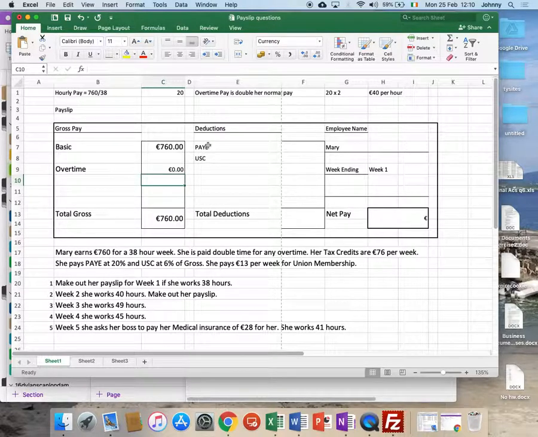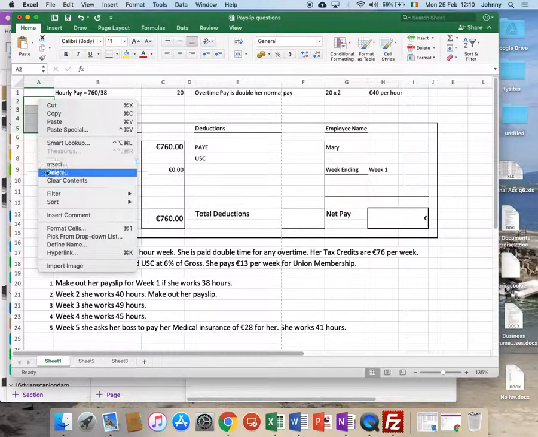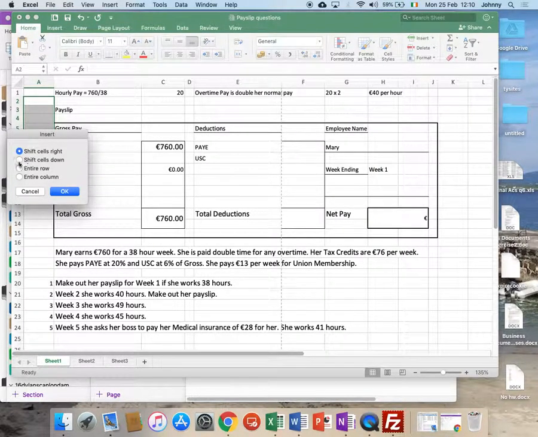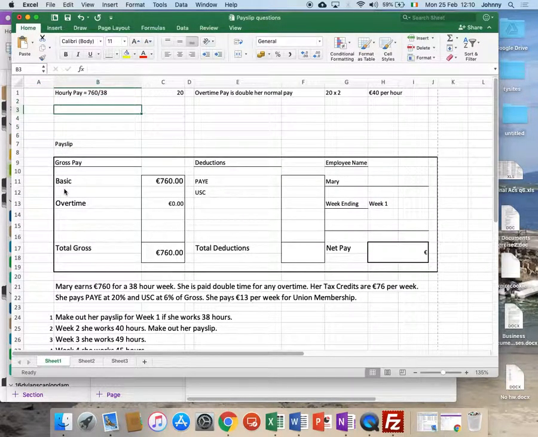We have to work out our PAYE. So PAYE is a bit more difficult, so I'm just going to skip down a few lines here so that I can show the calculations of how we work out our PAYE. So I'll do a full new row in here. So PAYE. Any suggestions? How do I calculate PAYE? Divide it by 10 and multiply by 2.